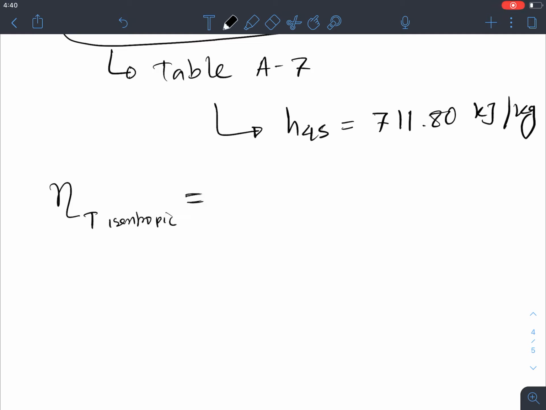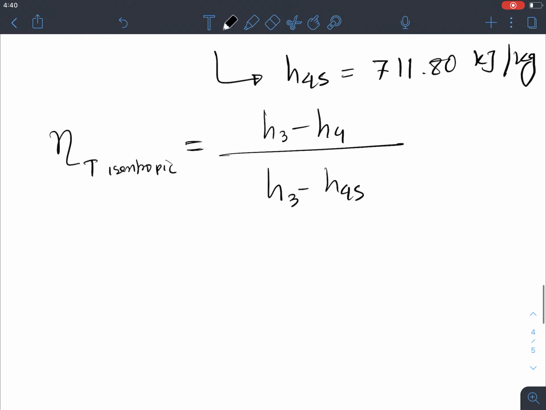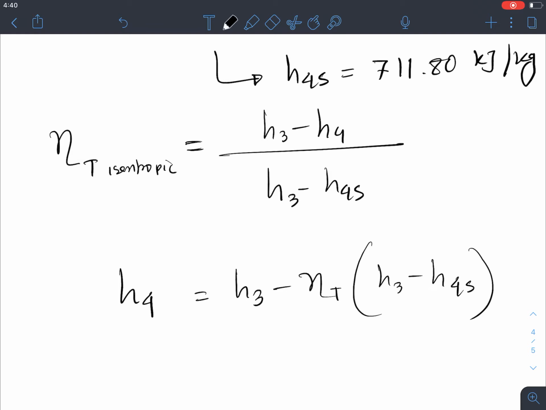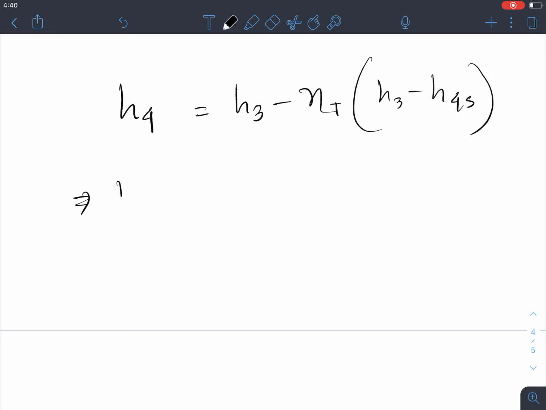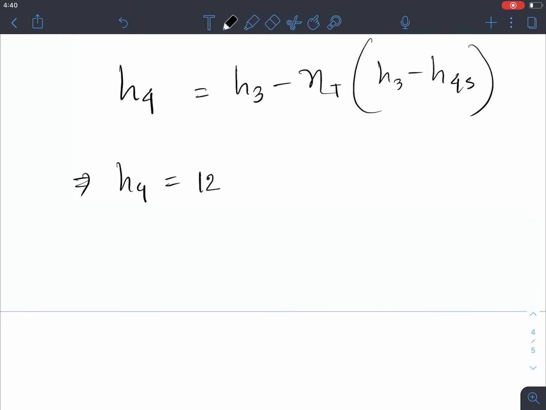Now we know the definition of isentropic efficiency of the turbine, right? Isentropic efficiency is H3 minus H4 divided by H3 minus H4S, right? So we have all of that information. We can write H4 equals H3 minus eta turbine times H3 minus H4S.